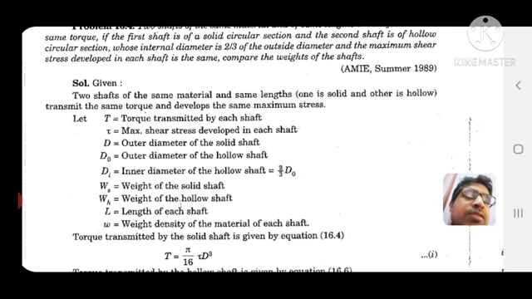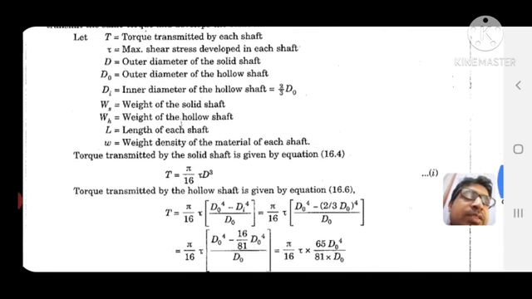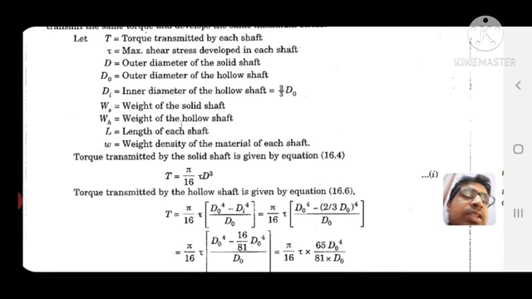Capital T is equal to the torque transmitted by each shaft. Tau is equal to the maximum shear stress developed in each shaft. Capital D is equal to the outer diameter of the solid shaft. D0 is the outer diameter of the hollow shaft.